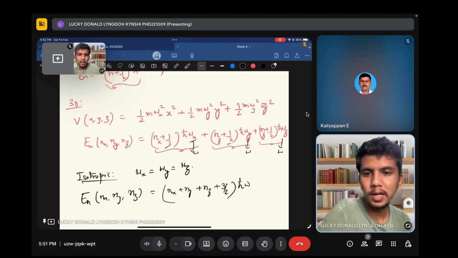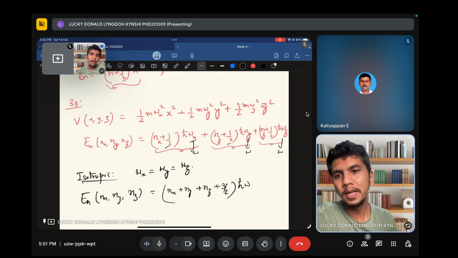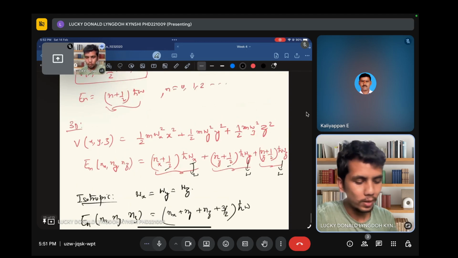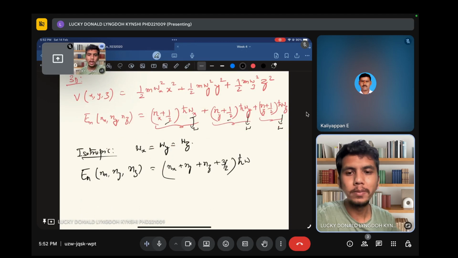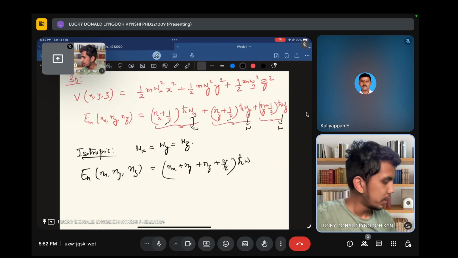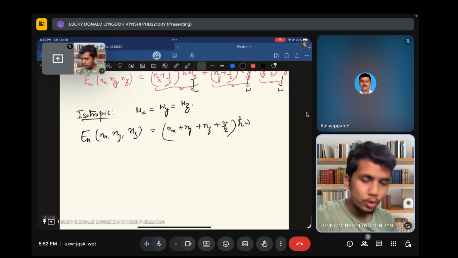I have just revised what we have done previously: if you have a potential of half m omega square x square, you will have the quantized energy (n plus half) h cross omega, and for 3 dimensions you can just add the x term, y term, and z term.